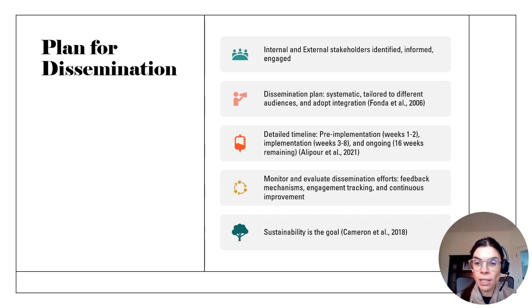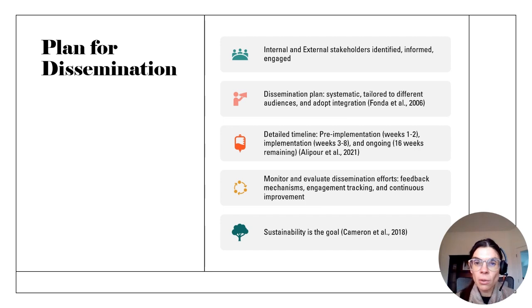Pre-implementation is weeks 1 to 2, and that will consist of initial meetings with all the internal stakeholders to introduce the project plan, explain its importance, and outline the roles and responsibilities, as well as conducting initial training sessions and workshops. Phase 2 is weeks 3 through 8, and we'll continue with targeted trainings and workshops and begin regular updates and feedback sessions. We'll be monitoring for early implementation to address any challenges along the way.